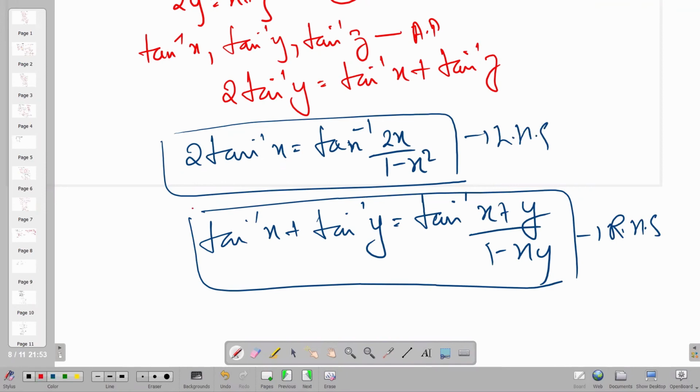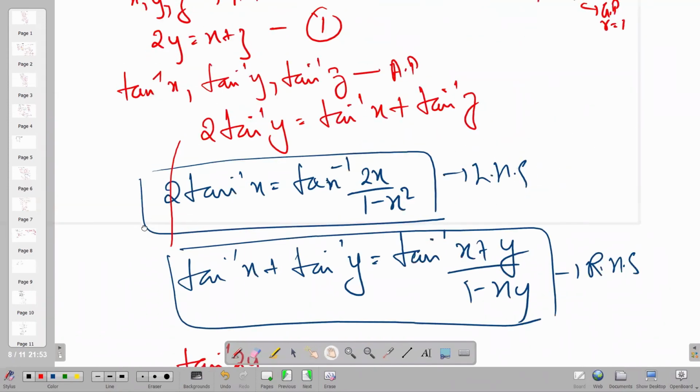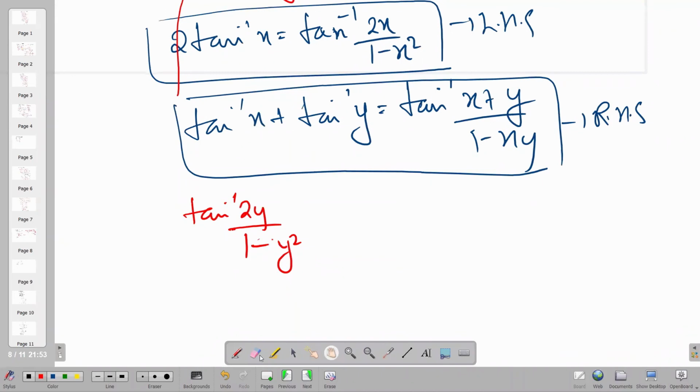So what I get here, my LHS comes out to be tan inverse of 2y upon 1 minus y square, because my LHS is 2 tan inverse of y, and my RHS turned out to be tan inverse of x plus z upon 1 minus x into z.